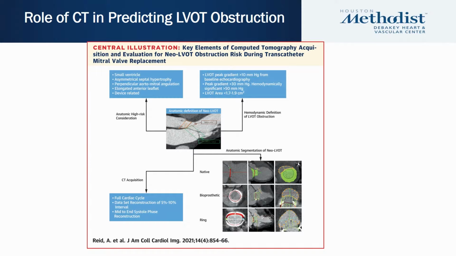And LVOT obstruction can be predicted using simulation between the best fit prosthetic valve and the native valve, and calculation of that neo-LVOT area after the valve is placed. So this is instrumental before planning any TMVR procedures, because patients at high risk for LVOT obstruction are not good candidates for transcatheter mitral valve replacement.